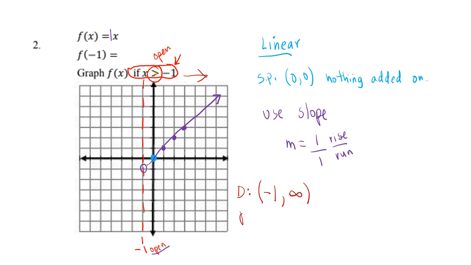And then for our range, we look at what's the lowest value this goes. It happens to be -1 again. And it's a parentheses because that's an open point. And just like the domain, this graph will go up and to the right until infinity. So that is your range for that problem there.